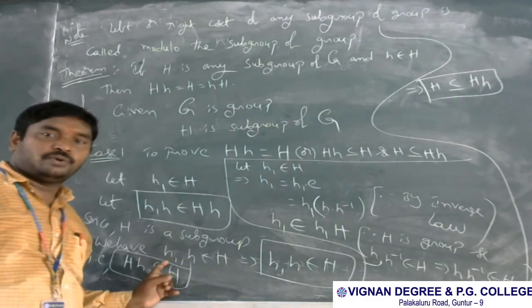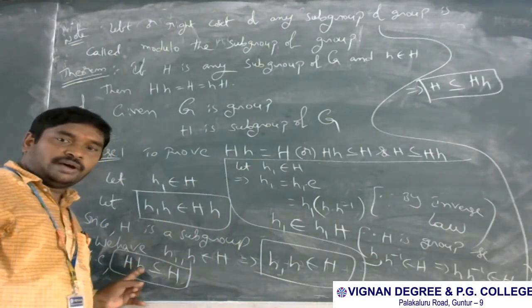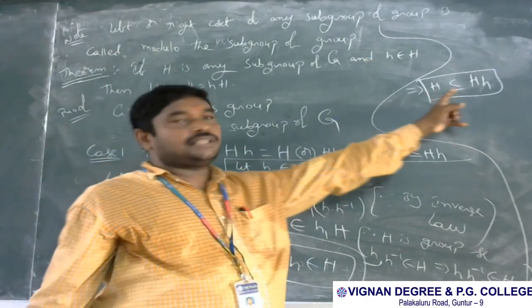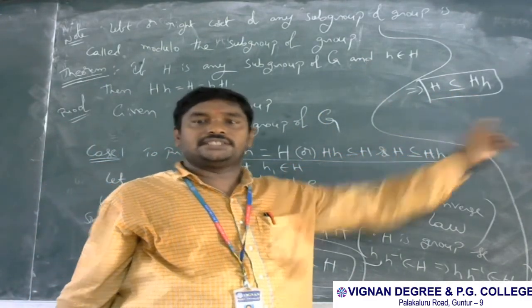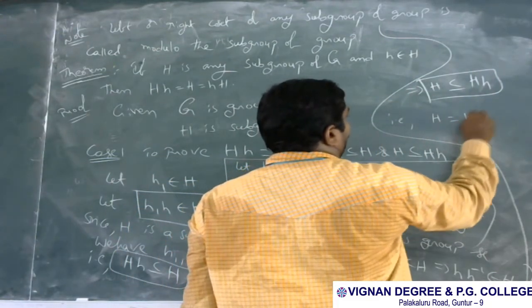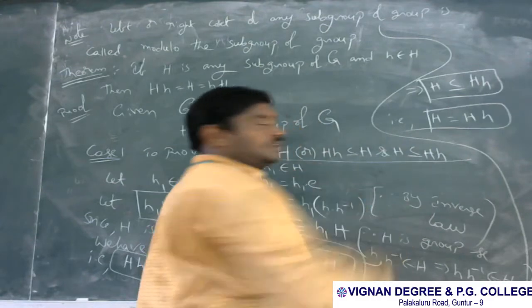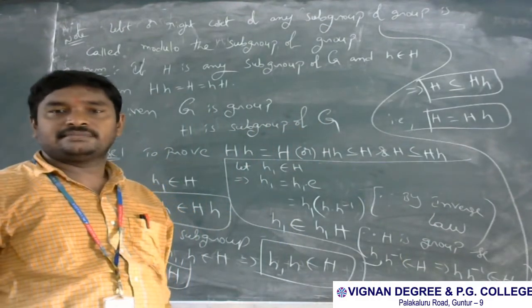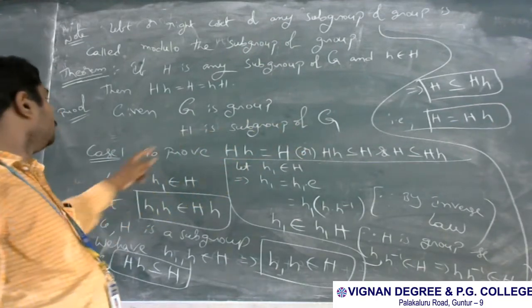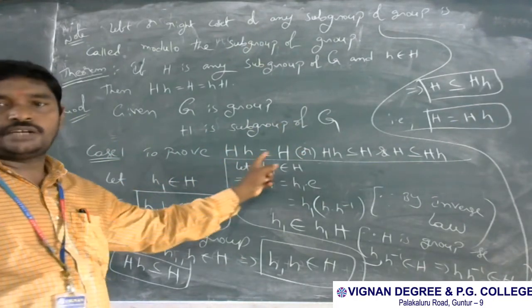So first you proved that capital H into small h is a subset or equal to capital H. Now capital H is a subset or equal to capital H into small h. That is, capital H is always equal to capital H into small h. This is called right quotient. So I have proved the right quotient only.